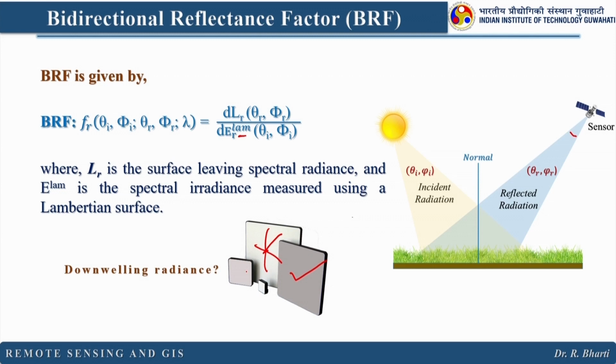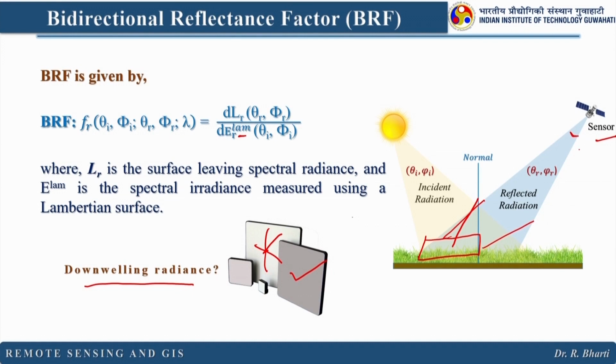If light is falling here, it will reflect an equal amount of energy in all directions. If you have to measure the irradiance, we will put our Lambertian surface, the spectral panel, here, and then measure using the same sensor from the same direction. The term is new, this is known as downwelling radiance.